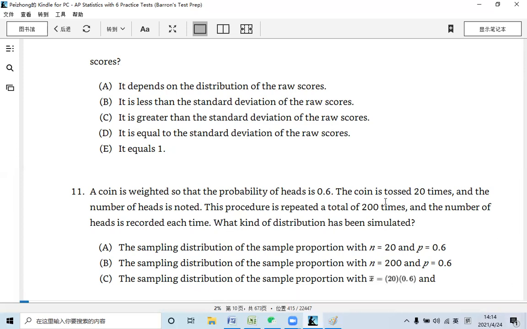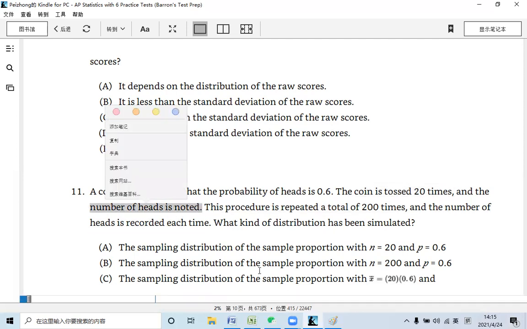You toss the coin 20 times and you record the number of heads. Maybe the first time the number of heads is like 10. The second time you do it 20 times, the number is 12.